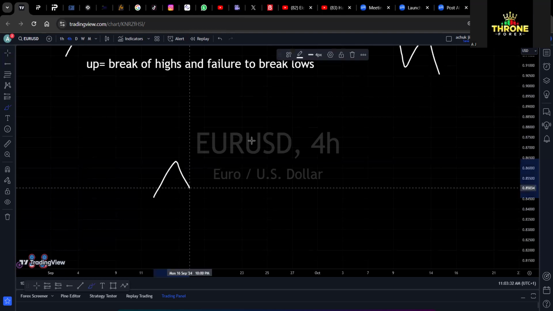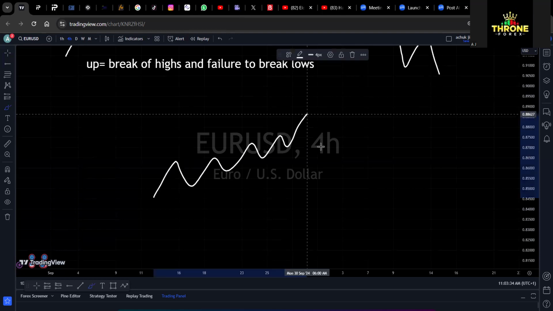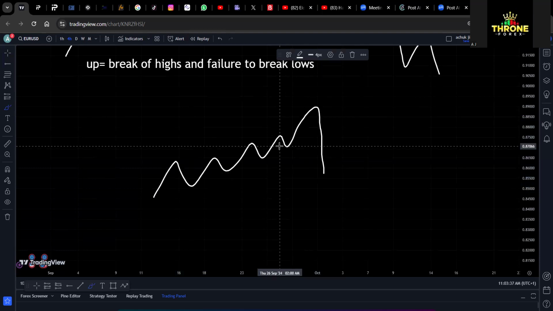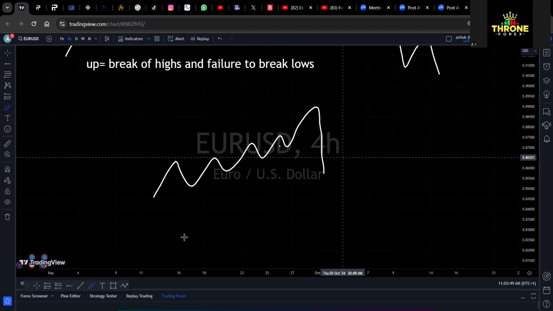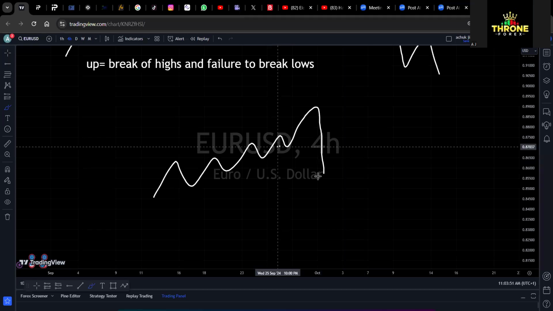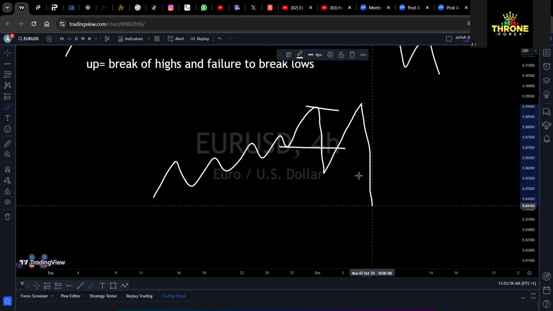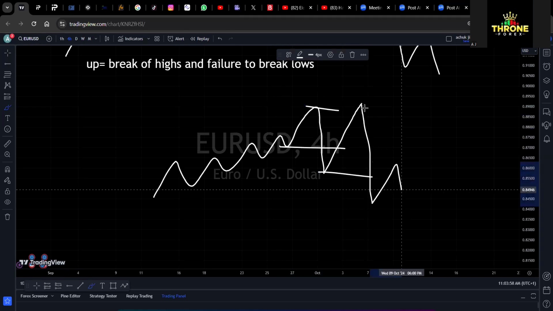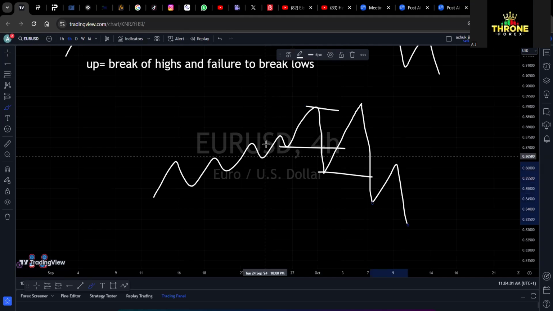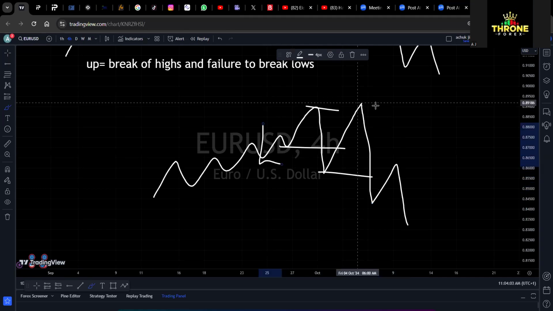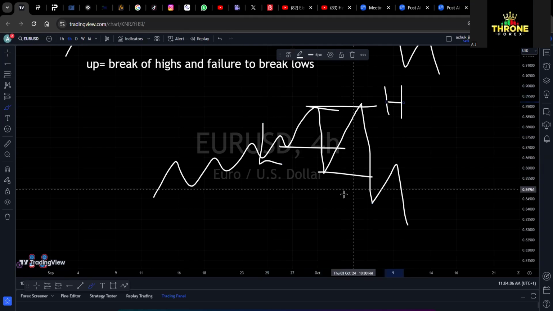It is when the market goes up like that, and then all of a sudden breaks this low here. So the nearest low here is broken, and then the market fails to completely break that high and then constantly breaks that. So this is the place of change. So the place of change is the break of this low and failure to completely break this high, and then we have a new low.